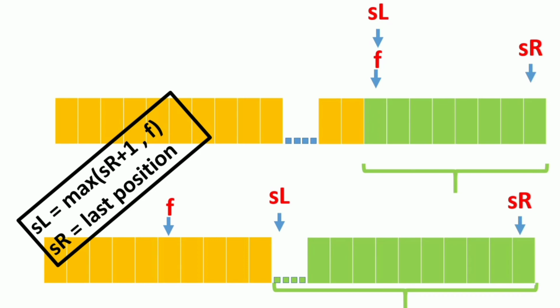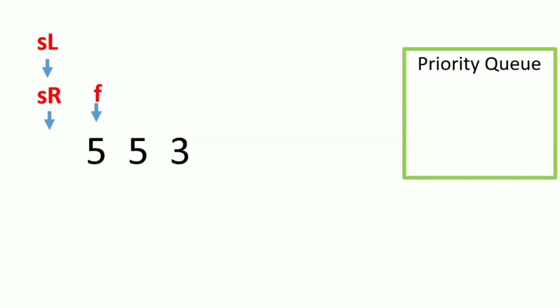Now let's try to understand our solution approach with an example. Let's consider the second sample input. Firstly, we have appended 5, 5, 3 using the first type of query. Now the second type of query appears.